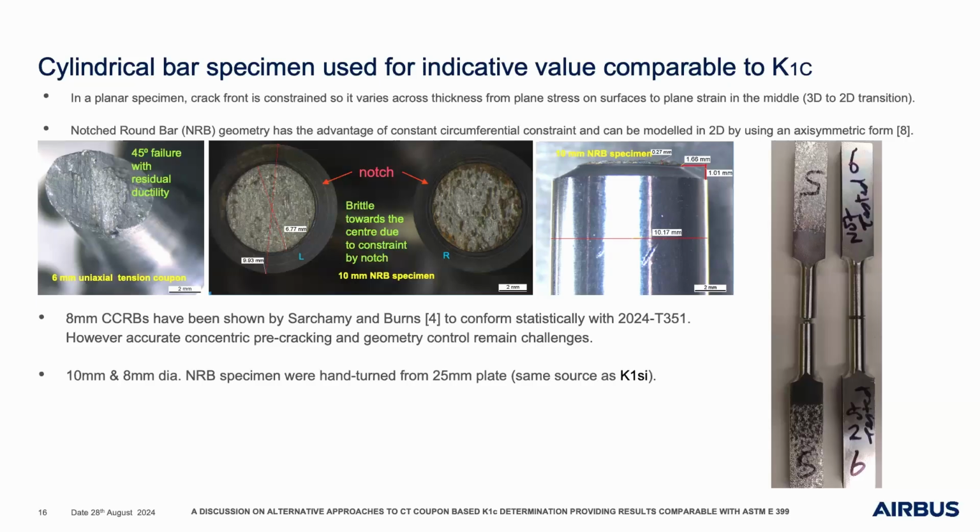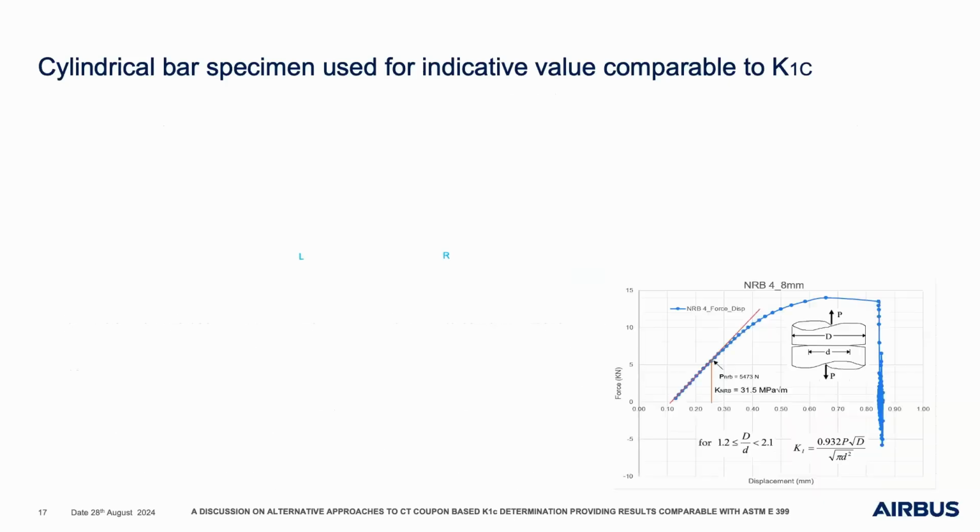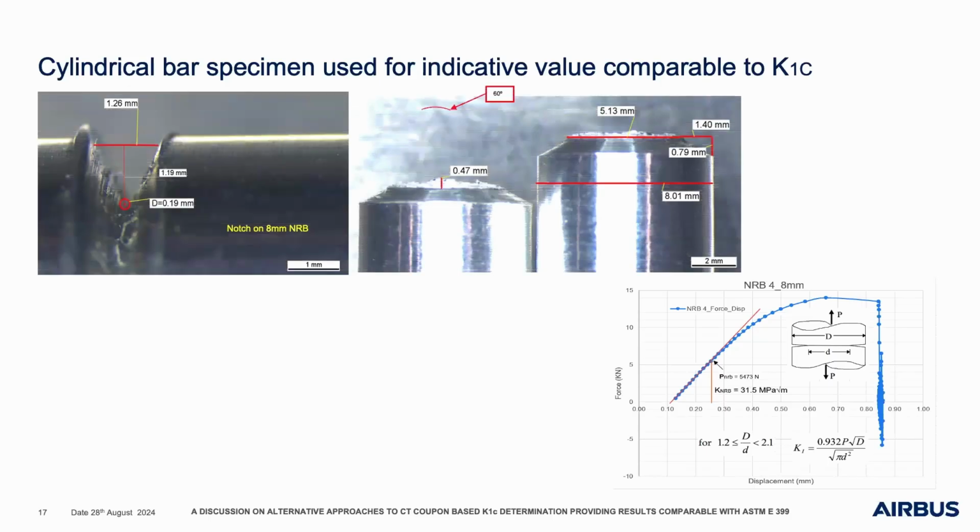We tested 10 mm and 8 mm diameter NRB specimens. Not a lot of them. We'd like to test generally about 30 of them before we present data, so we haven't put them through statistics, but I can give you a quick overview. This is the force displacement record, as you would get from a tensile test, from an 8 mm specimen.